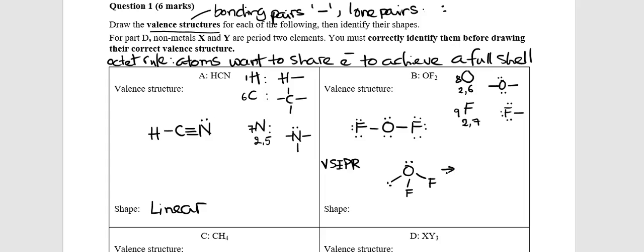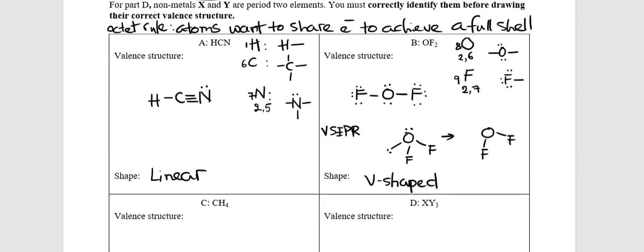And if we think about the molecular shape, now when the question mentions shape, then it is implied that it is molecular shape and not electron geometry. The shape will be V-shape or bent, because you don't need to take into account the lone pairs of electrons when you write the molecular shape. So that's part B. Let's move on to part C.